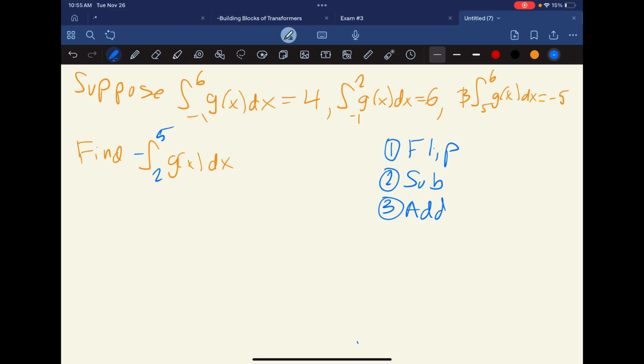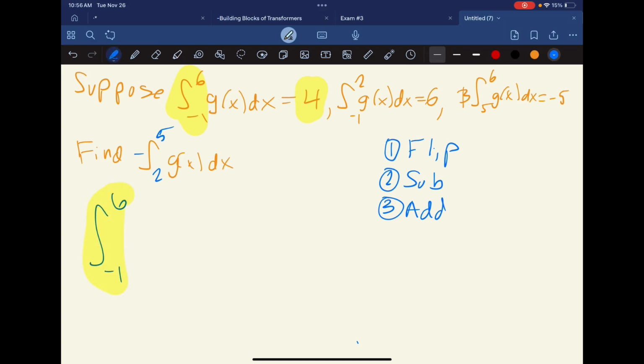So basically how this goes is we would start with negative 1 to 6. We know negative 1 to 6 is 4, and we're looking to find 2 to 5. Let me color code it in highlighter. So negative 1 to 6 is 4.